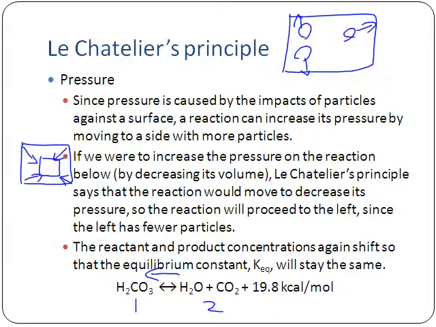That's how you're going to see a reaction respond to a change in pressure. If we decrease the pressure by letting the gas expand into a larger volume, then Le Chatelier said the reaction is going to move in order to increase its own pressure. In that case, it would proceed to the right, because the right side has more particles on it.